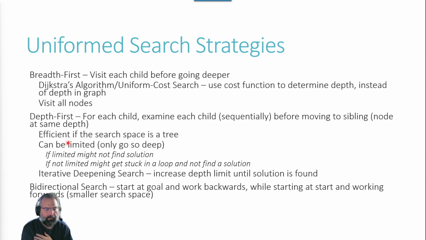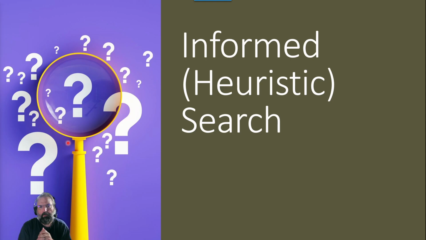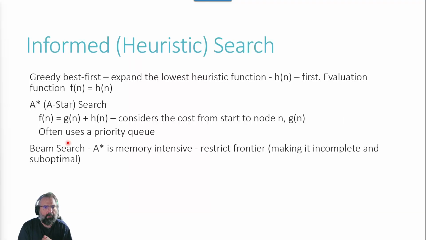Informed searches, which is where it gets more interesting, use heuristics. So they will likely take advantage of the values that they've learned about. Greedy best-first looks to expand the lowest heuristic function first. The basic idea is to find the one that is the best, use it first, and go down that path.